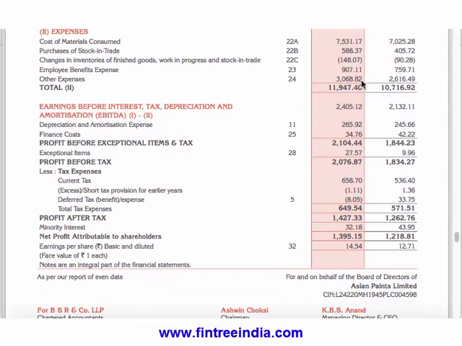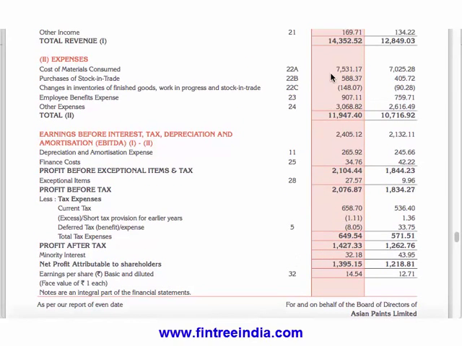Other expenses. One of the exciting things for me with Asian Paints is that they are considered one of the smartest companies in India as far as advertisement and marketing is concerned. So I was very curious to understand the efficiency of their marketing expenditure.